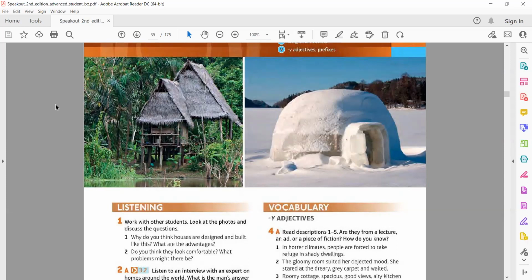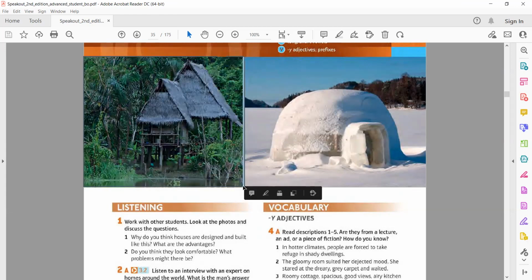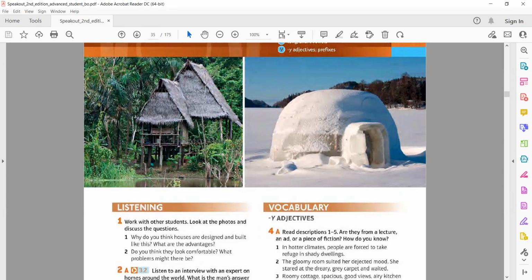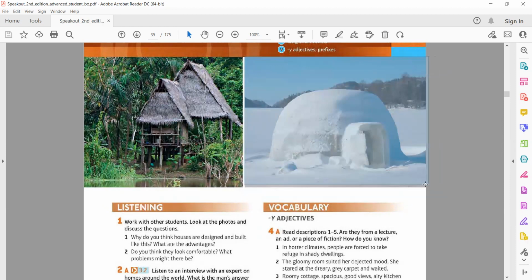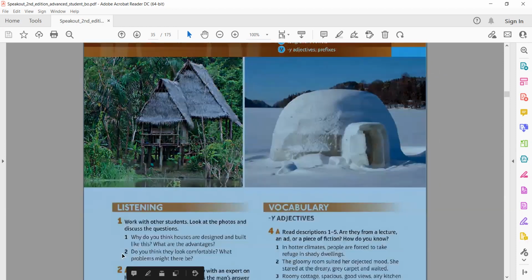Look at the first picture. Wood in the jungle is almost everywhere. They can cut trees and build houses with them, which would be easier. Exactly. They wouldn't need any extra materials. And the same with the snow cave. So maybe it's about availability.